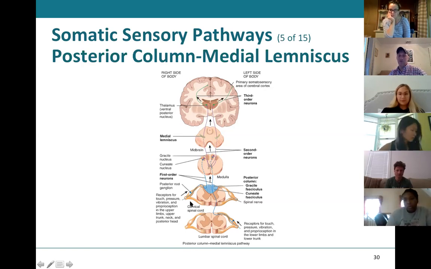Hopefully I've set you up so you can see that if we are using the cervical spinal cord, or say the lumbar spinal cord, we're collecting specific types of information that will then ascend, traveling through the posterior portion of the spinal column. Posterior column, medial lemniscus. The lemniscus piece is going to be inside the midbrain here. But now we're going to put the whole story together.